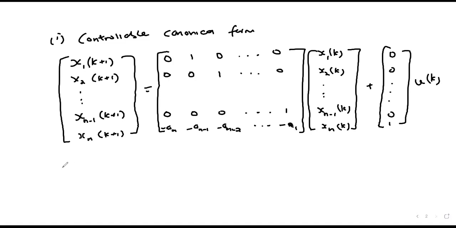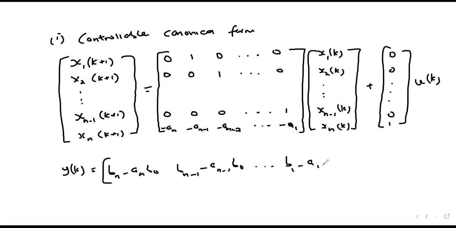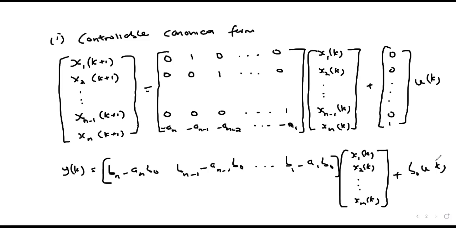The output equation is obtained as y(k) equals the matrix C, where C is given by bn minus an b0, b(n-1) minus a(n-1) b0, all the way up to b1 minus a1 b0, multiplied by x1(k), x2(k), all the way to xn(k), plus b0 u(k).